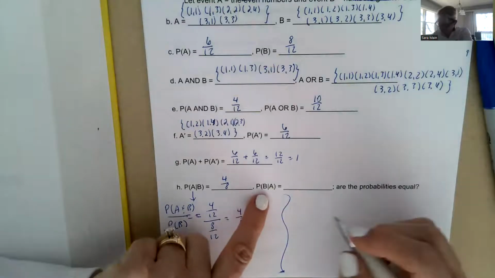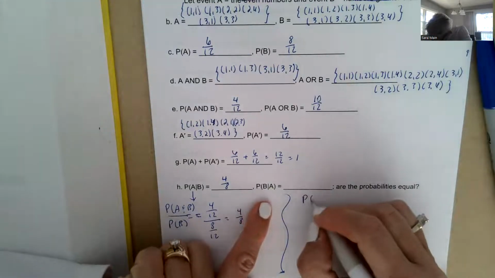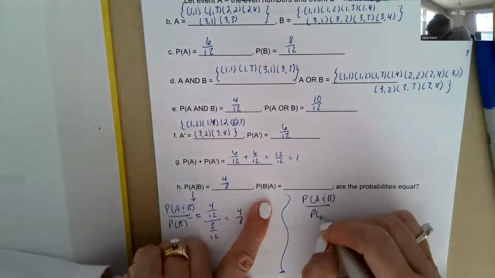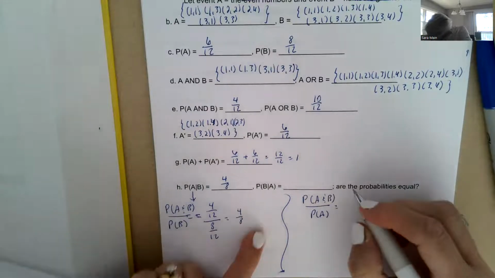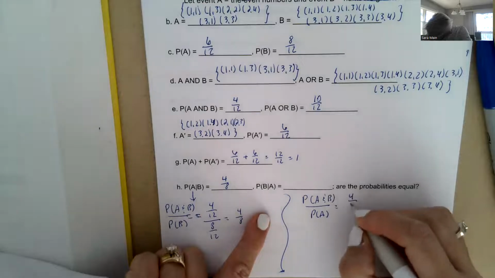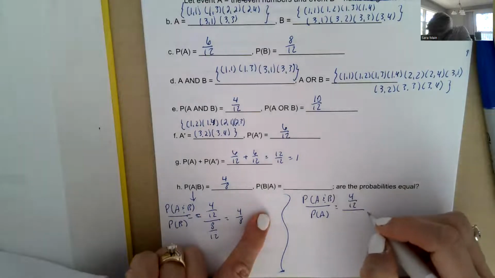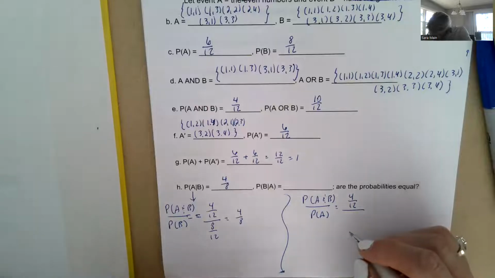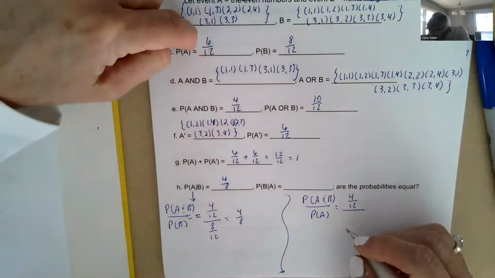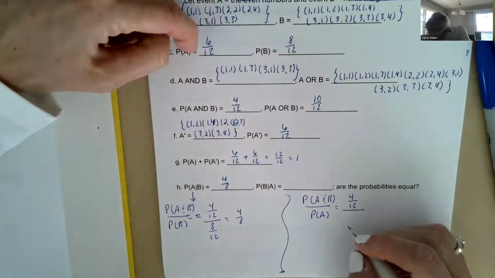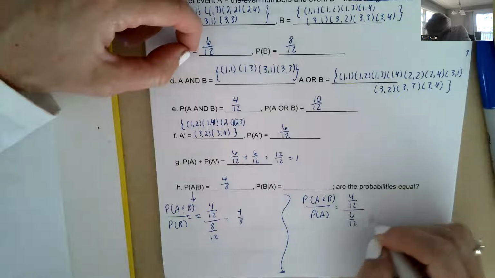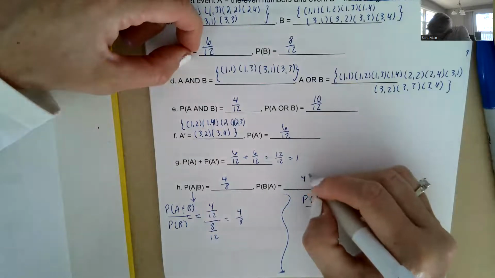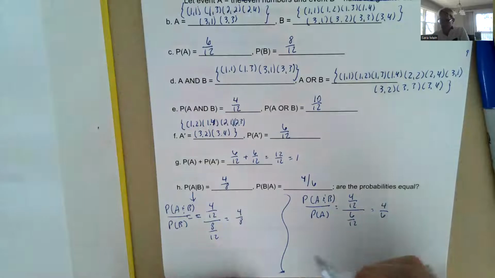And then the probability of B given A, again, is the probability of A and B divided by the probability of A this time. This would be the 4 out of 12 divided by the probability of A, which would be 6 out of 12. So that is 4 out of 6, and no, they are not equal.